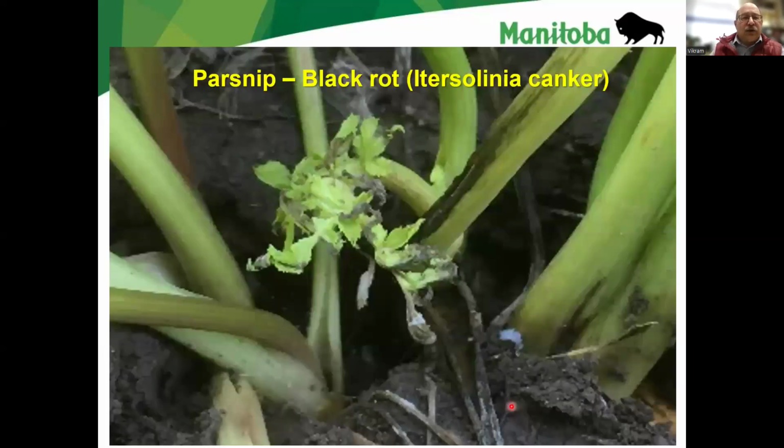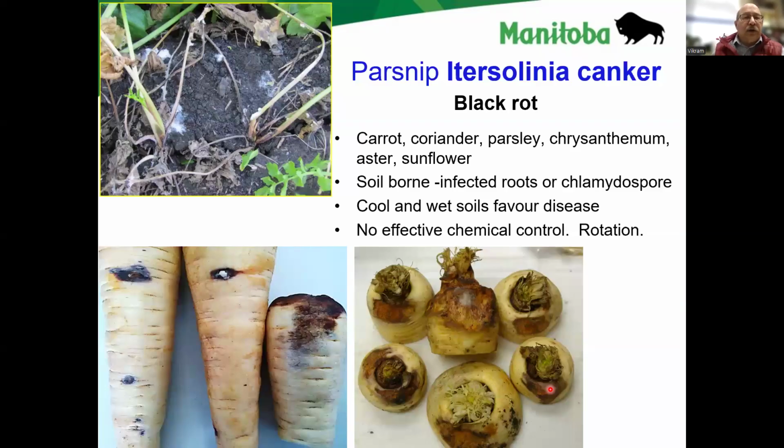I just wanted to touch base on the parsnip. This is black rot or Itosolenia canker. Itosolenia is a fungus that loves wet soils and wet ground. And here you can see the lower portion of the stalks is all blackened, and this can kill the plants.